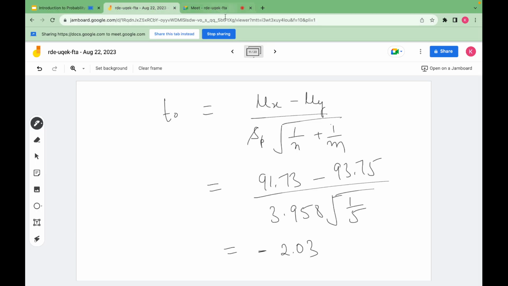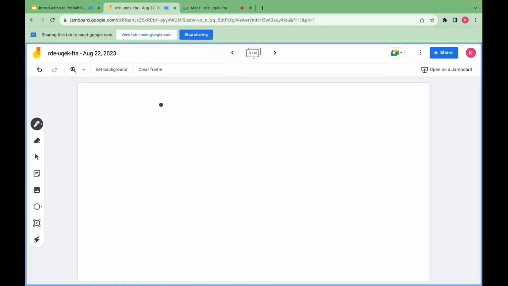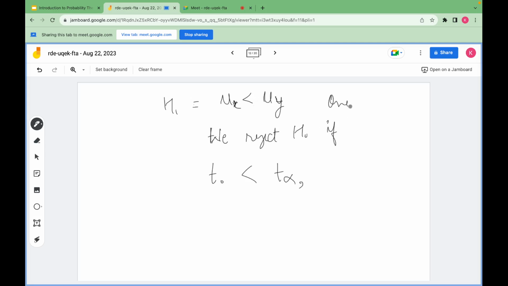So the alternate hypothesis is mu x is less than mu y, that's why we reject H0 if our test statistic is less than minus T alpha, because it is a one tail test, because it is only less than, we only need to check one side.